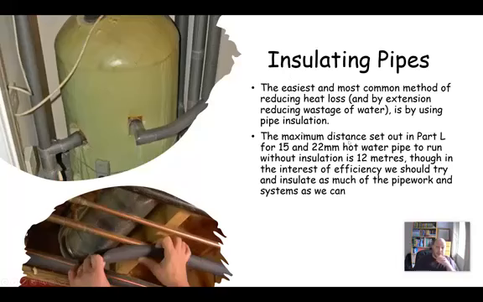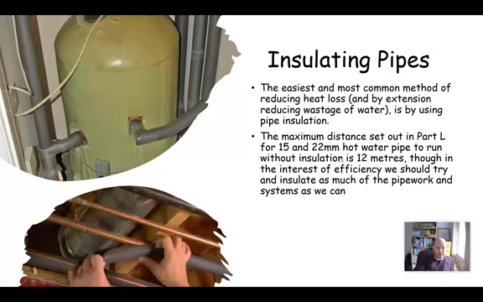There are some maximum pipe lengths set out in Part L of the building regulations. Part L covers conservation of fuel and power, and that tells us hot water pipes up to 22mm should run no further than 12 metres without insulation. So we need to try and make sure that we insulate as much of the pipework as we can.